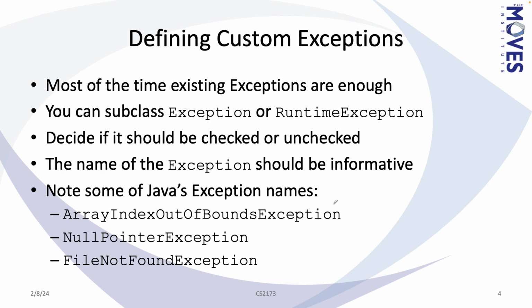And one of the things I thought they did particularly well is that the names of the exceptions are self-documenting. So with an array index out of bounds exception, the only missing information is what index was out of bounds.